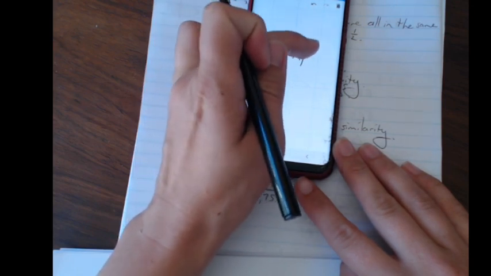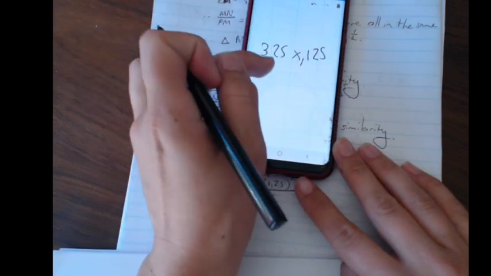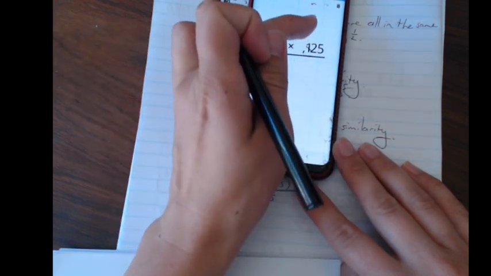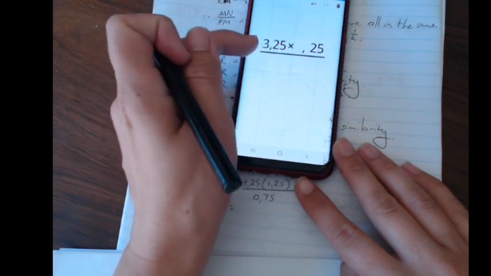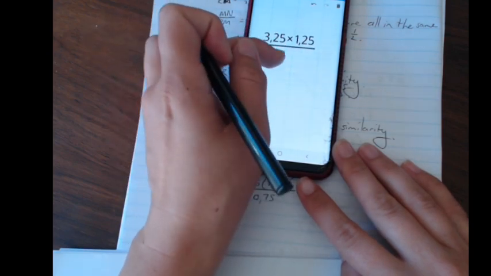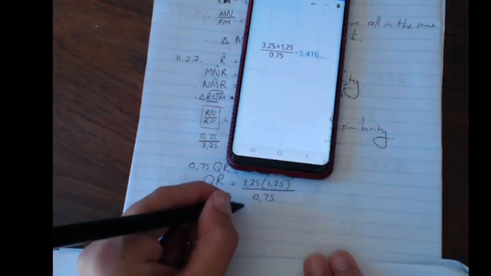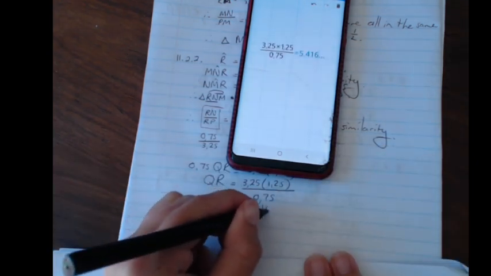3.25 times 1.25 over 0.75, and that's going to give me 5.416.